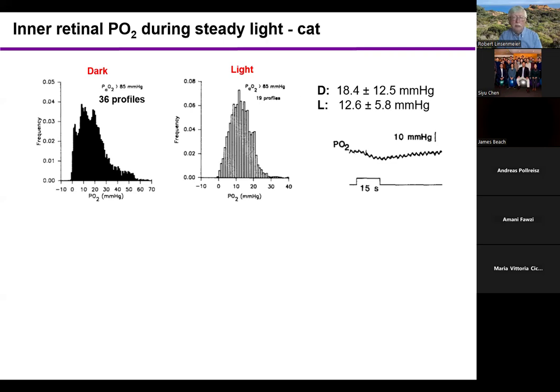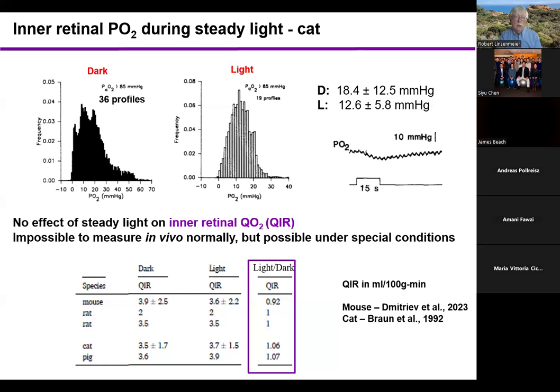Well, what about oxygen utilization in the light? As far as we know, there's no effect of steady light on inner retinal oxygen consumption, or what we call Q inner retina. As I mentioned, the model doesn't actually work for the inner retina, except under special conditions. I don't really have time to talk about those conditions, but I can explain them later if you want.